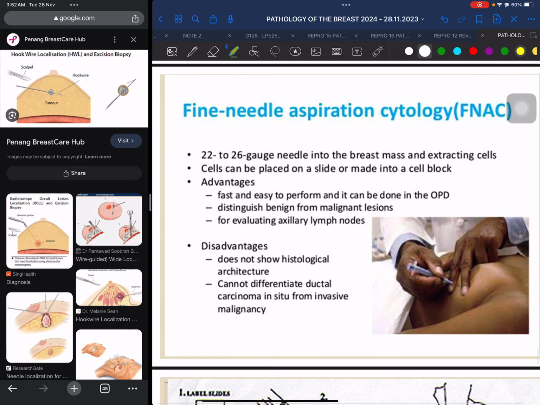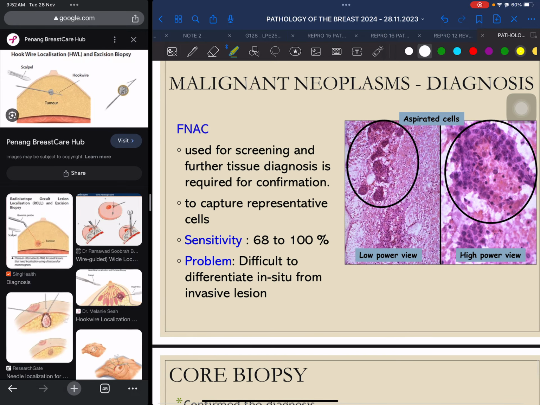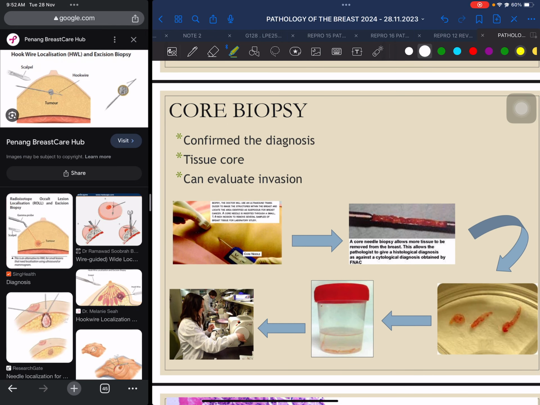So this is how we see the cells on the slide for fine needle cytology. They will show only the cytology features, but it needs to be confirmed with a tissue biopsy, because you only see the changes like the pleomorphism and the hyperchromatism, but you don't see the features of invasion.